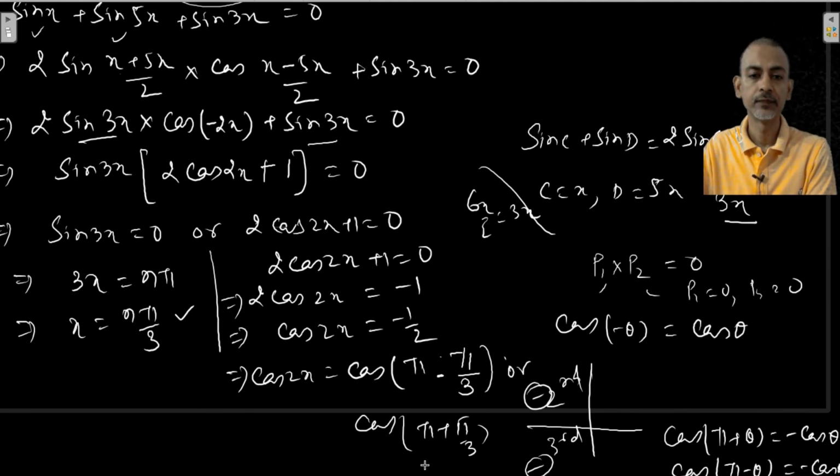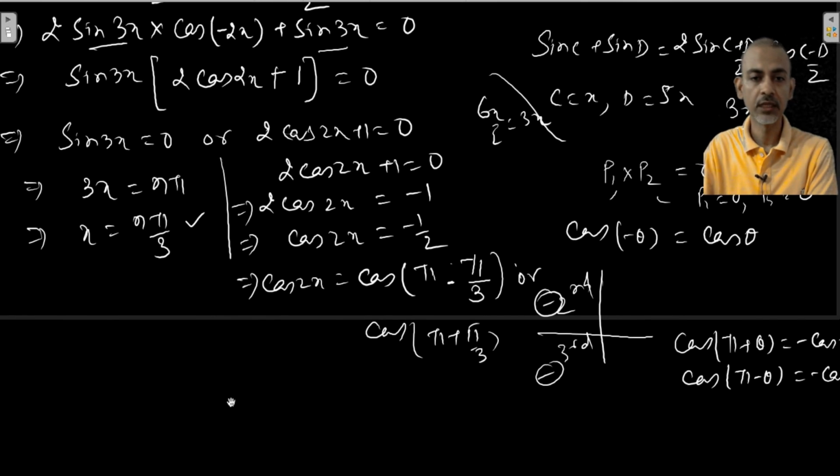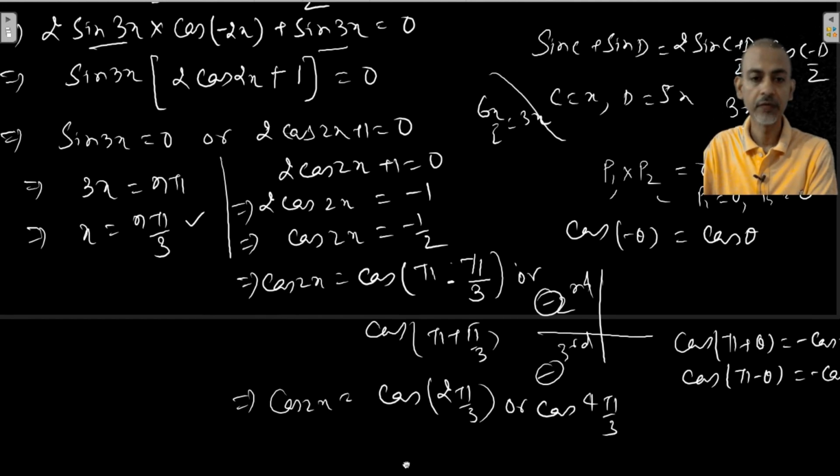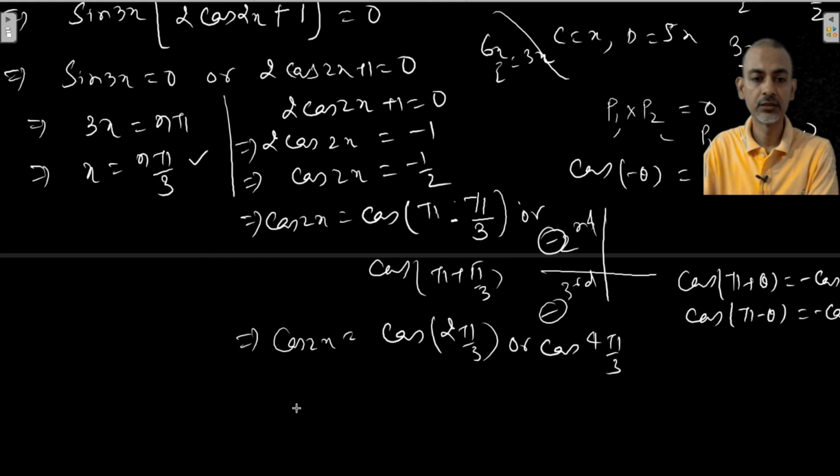Given this, cos of 2x equals, for the first one, cos of (pi minus pi by 3), which is cos 2 pi by 3, or cos of (pi plus pi by 3), which is cos 4 pi by 3, alright? Given this, we can write the general solution as 2x equals 2n pi plus or minus 2 pi by 3.